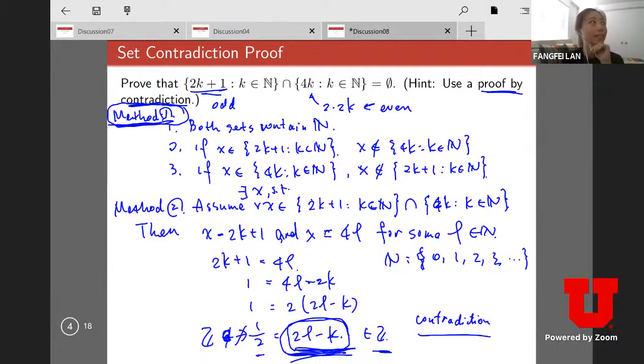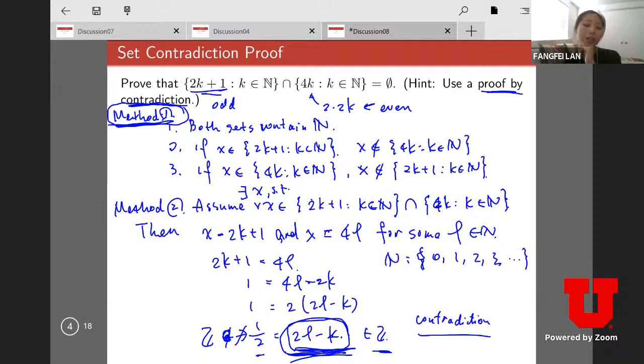You're saying that if X is in the intersection, you show that X is not in the intersection. Yes, because it couldn't be. You're saying X is equal to 2k plus 1 and X is equal to 4L. But 2k plus 1 cannot equal 4L because they're defined as one being odd and one being even.